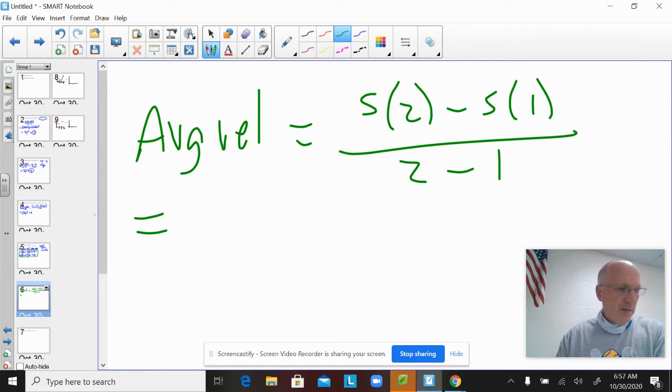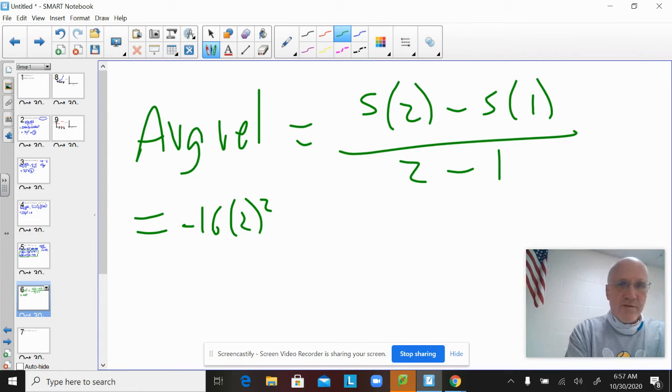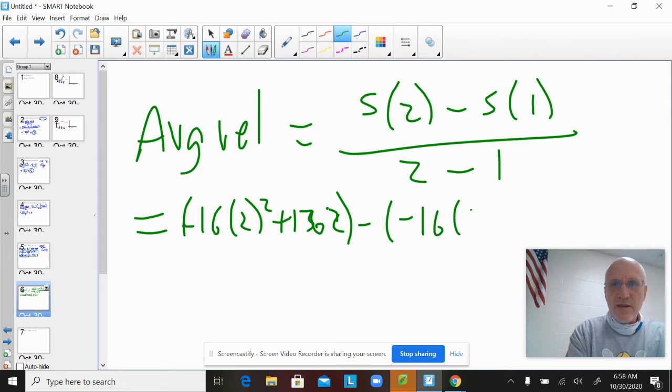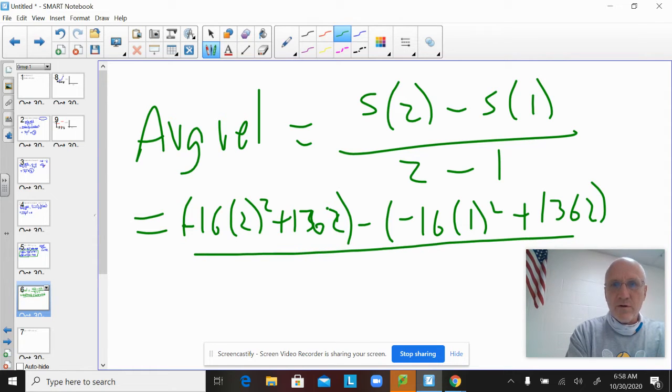Negative 16 times 2 squared plus 1362. That is s of 2. And then minus negative 16 times 1 squared plus 1362, all over just 1.